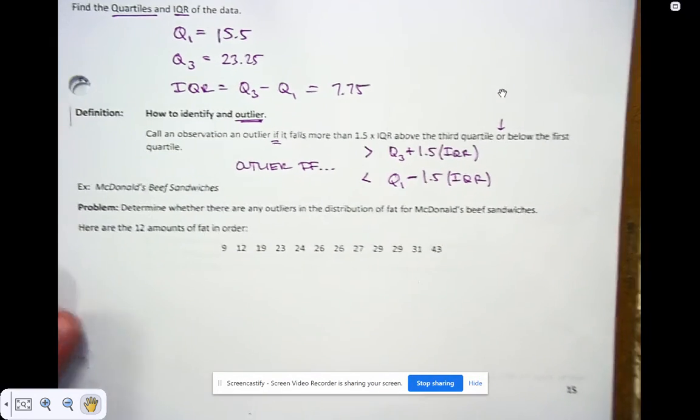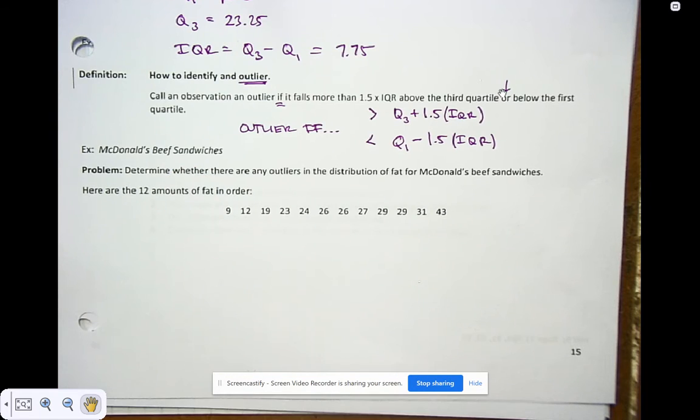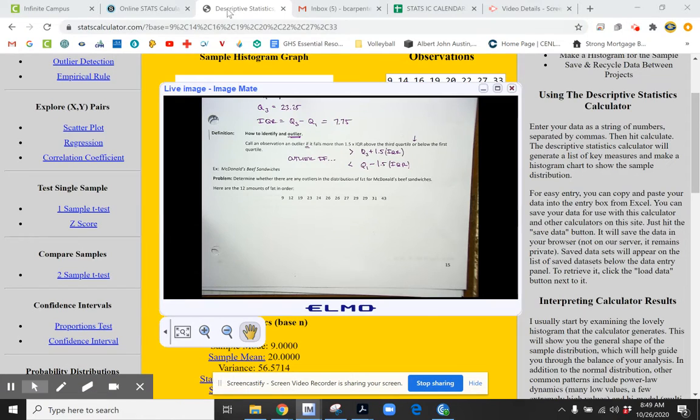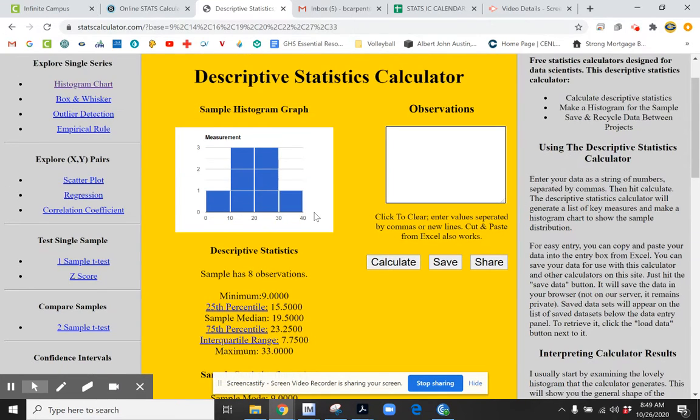Okay, and we'll do an example right here to pull it all together. So now we're moving on to beef sandwiches. They've got our fat content in order here, so I will go back to this website, click in my spot observations to start off with new data. So it's 9, 12, 19, 23, 24, 2 26s, 27, 2 29s, 31, and 43.